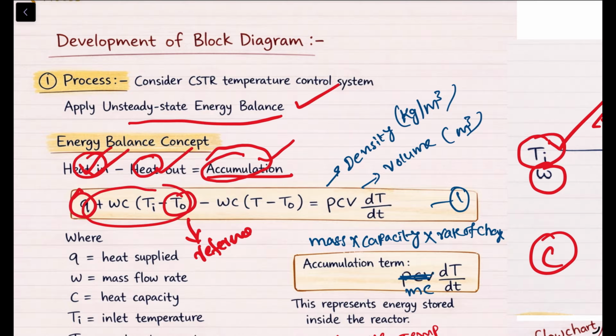Therefore, the total heat entering the system is Q plus WC(Ti minus T0). Then the heat leaving the system.